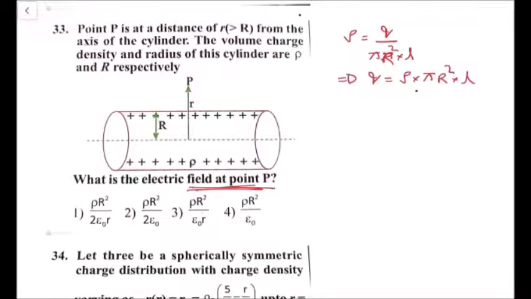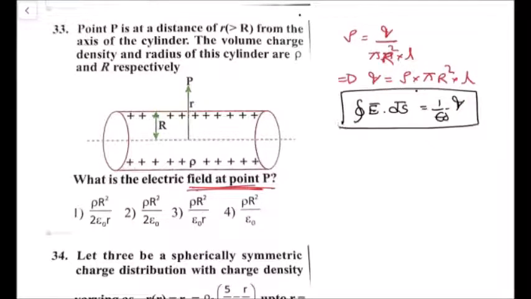According to Gauss law, the closed integral E bar dot ds bar is equal to 1 by epsilon naught times the net charge.